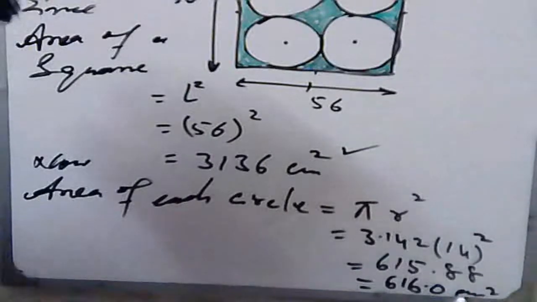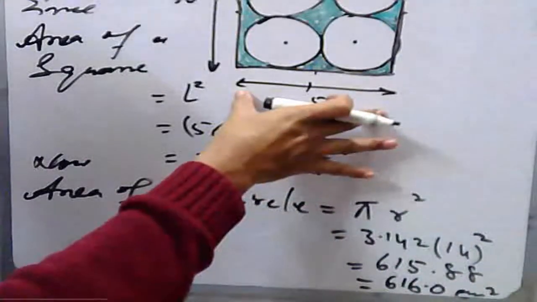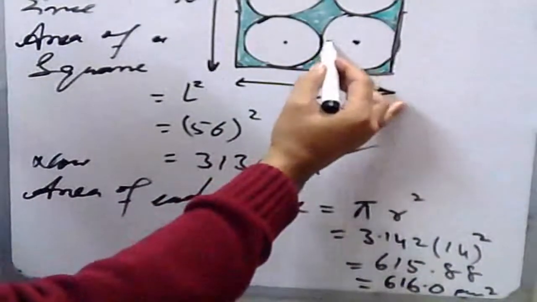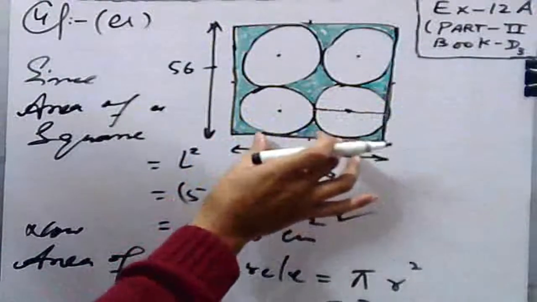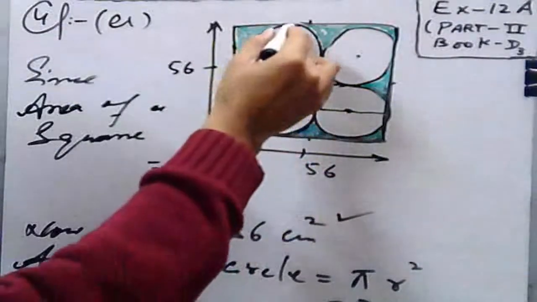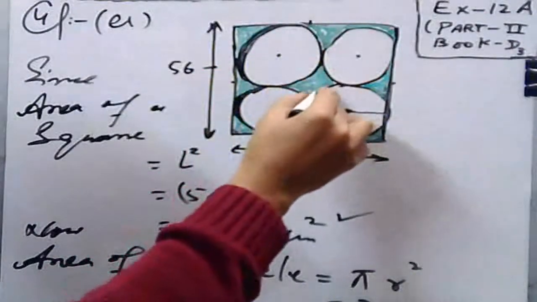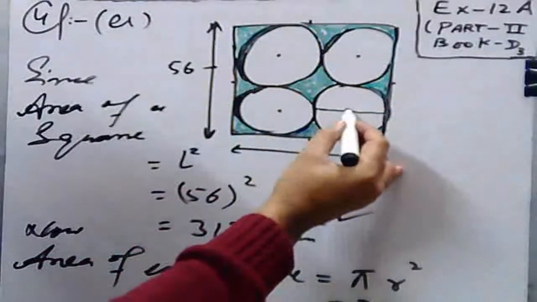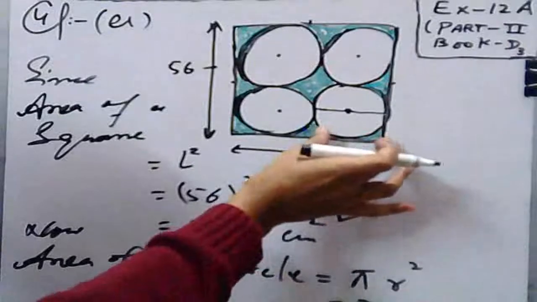So the question is, how can I use 14? Here is your 56, so the length up to here, this one is your diameter, and the diameter is 56 and half. All the circles are joined with each other and make the complete length. So the diameter is equal to 28, because 56 is this 28 and this 28.